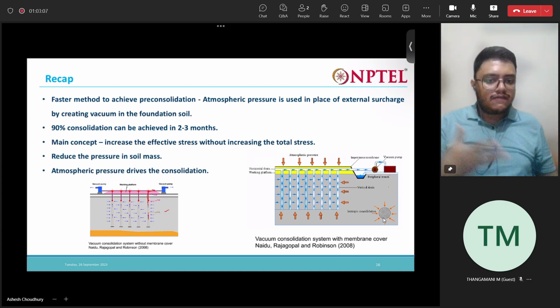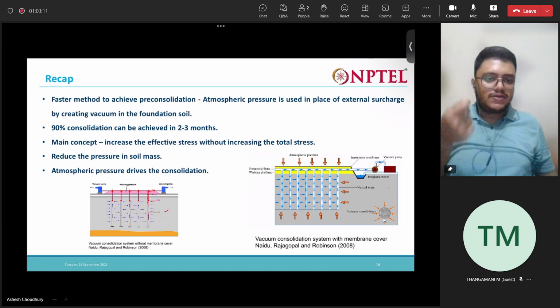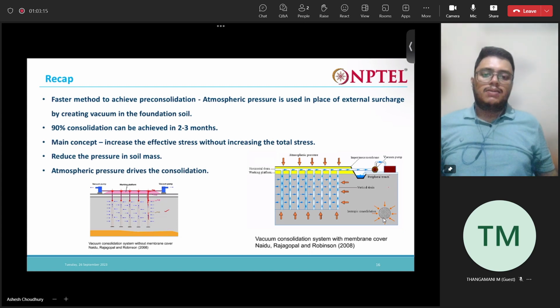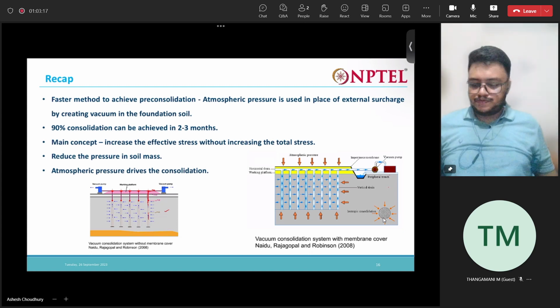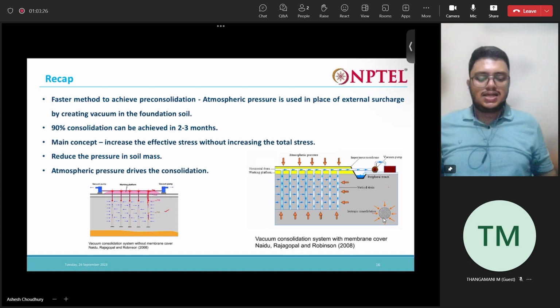As we go down, the effect of that overburden goes on reducing. So the effect of the stress is not the same at all depths. Okay, but all these shortcomings are negated by using this vacuum consolidation. Okay, we'll see that in the upcoming slides, how.